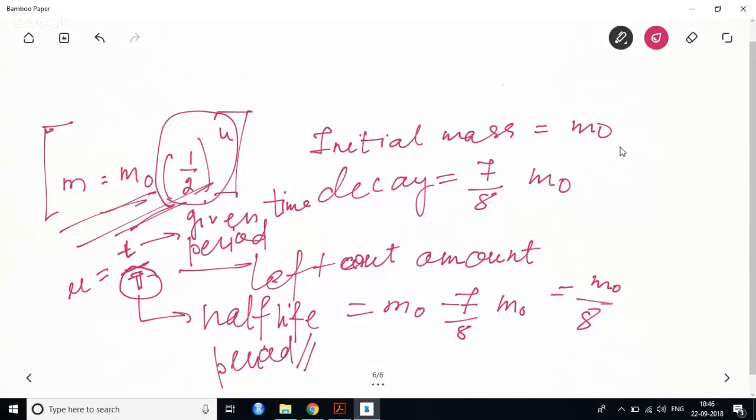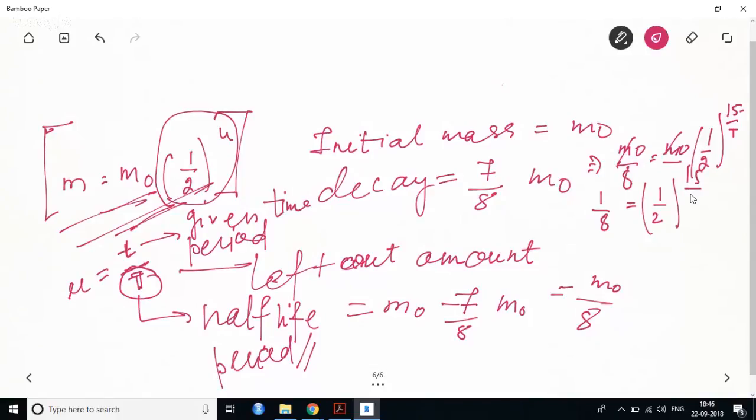So try to understand. Here I'll put the value. M naught by 8 is equal to m naught, 1 by 2 to the power 15 divided by t. Given time period, small t is 3. So 1 by 8 is equal to, m naught will get cancelled, 1 by 2 to the power 15 divided by 3.